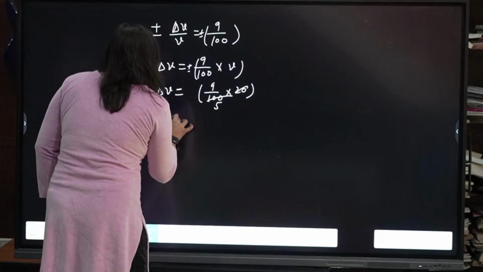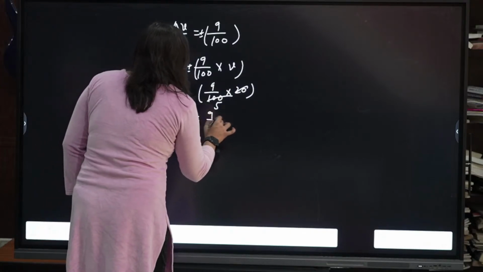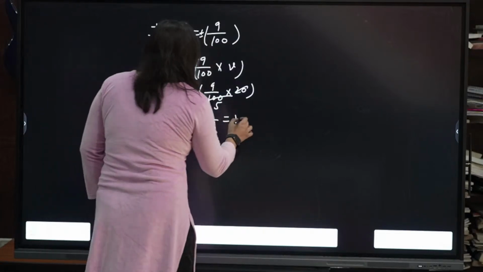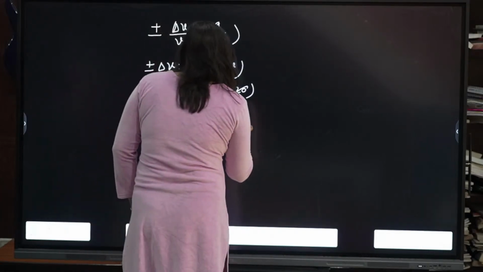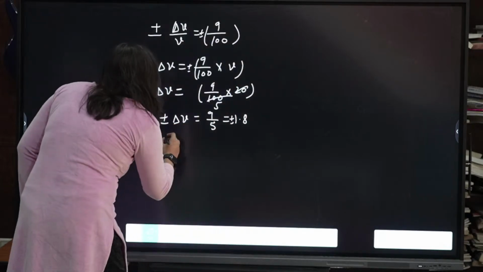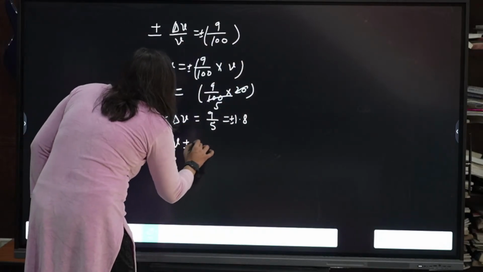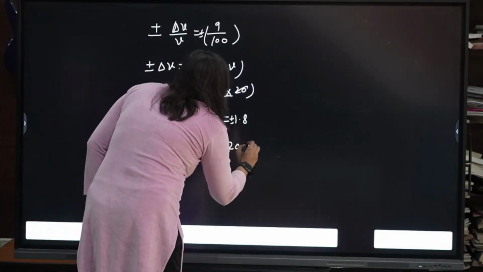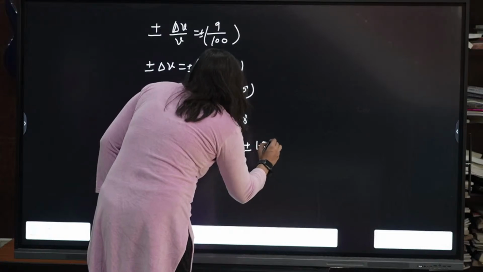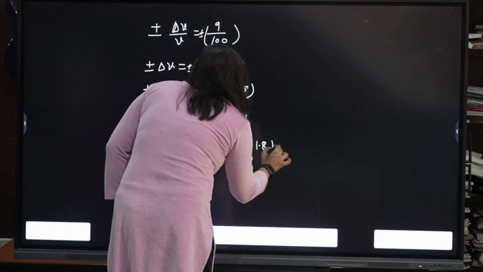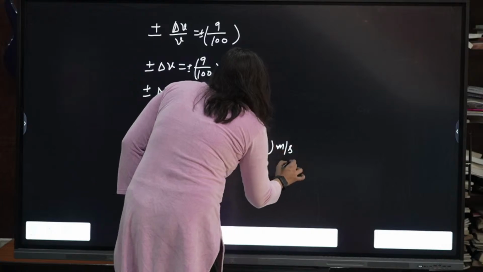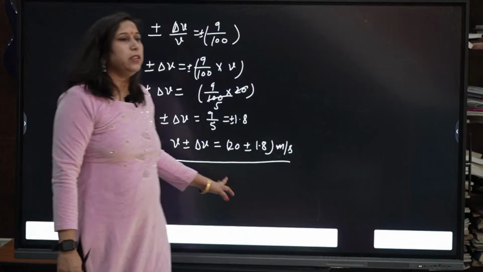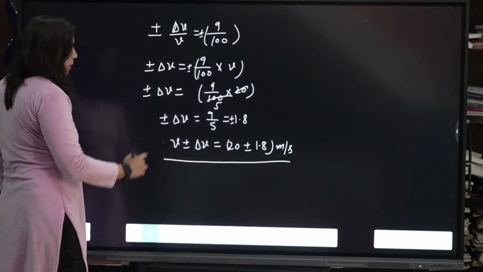Then we solve it. 1.8 plus minus 1.8. Then net V plus minus del V is equal to 20 plus minus 1.8 meter per second. By using error analysis, we measure velocity with errors V plus minus del V.